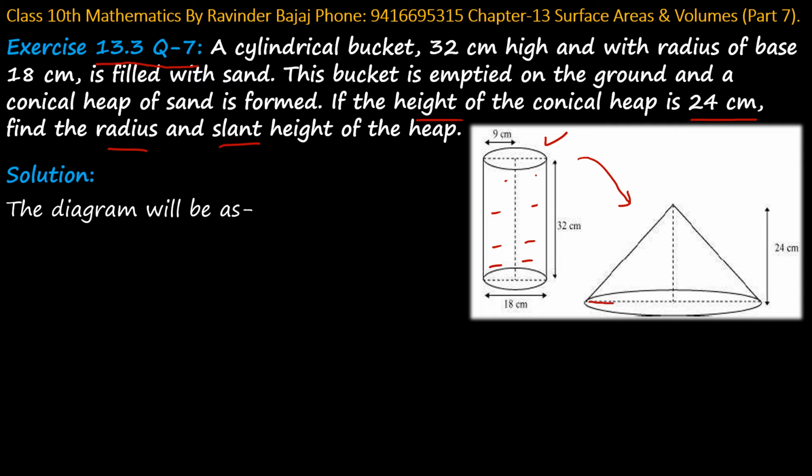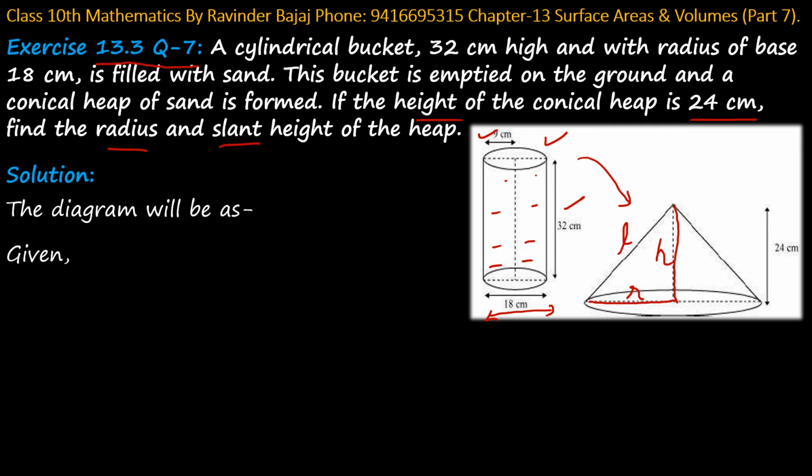The base radius is R and height is H, and slant height is L. We have to calculate R and L. H is given in the question, and the cylinder height is given 32 centimeter and radius is given 18 centimeter.